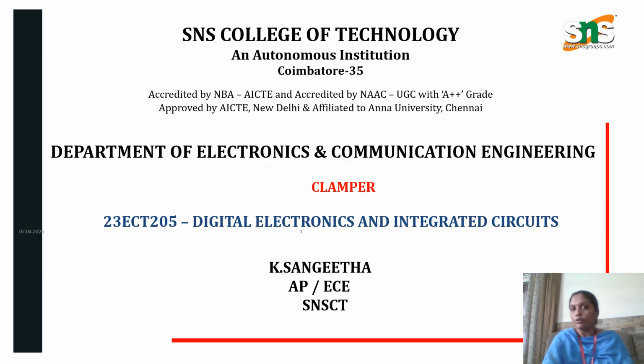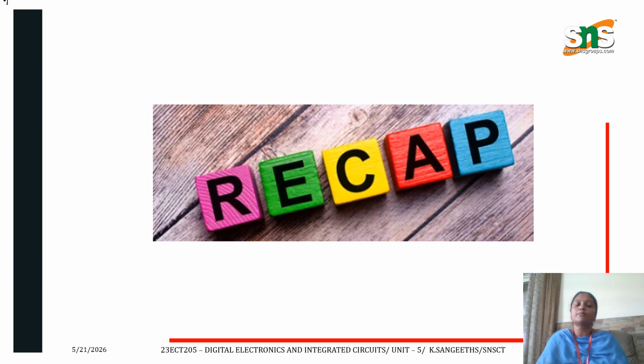So before going to the topic, let us have a small recap about the previous session. In the previous session, we discussed about the clipper. The clipper is also one of the wave shaping circuit. In the clipper, the output waveform is modified based on the desired shape of the input.